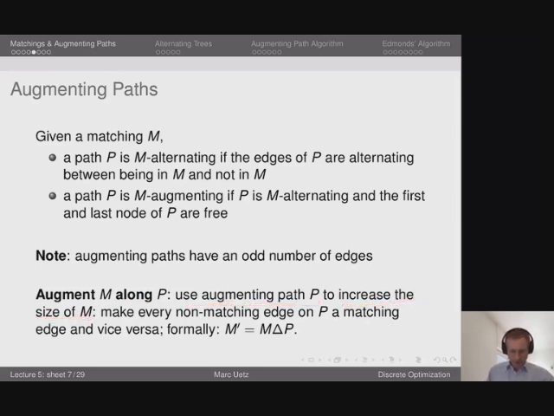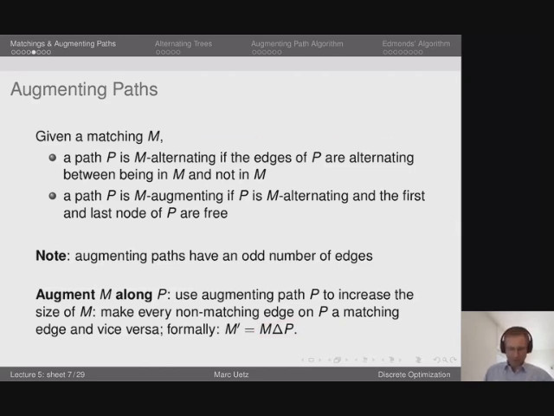And how do I do that? Well, I just flip the roles of matching and non-matching edges on this alternating path. I make every non-matching edge on P a matching edge and vice versa. So formally, that just means I define a new matching M prime by taking the symmetric difference of M and this M alternating path.